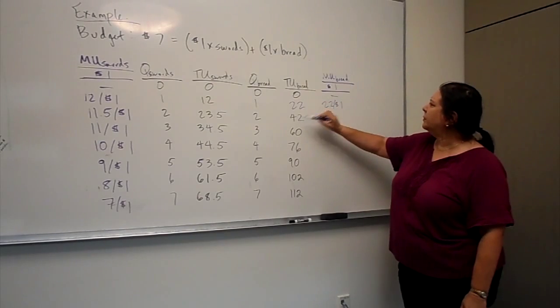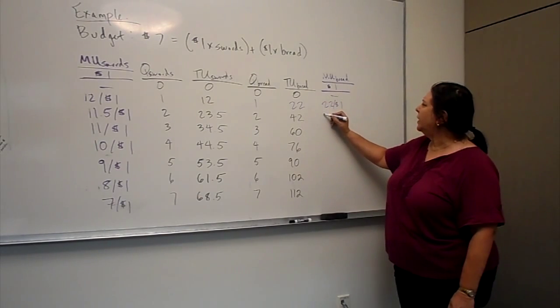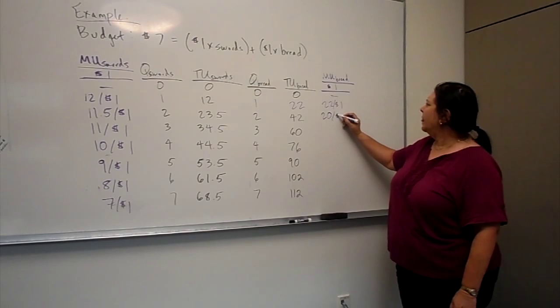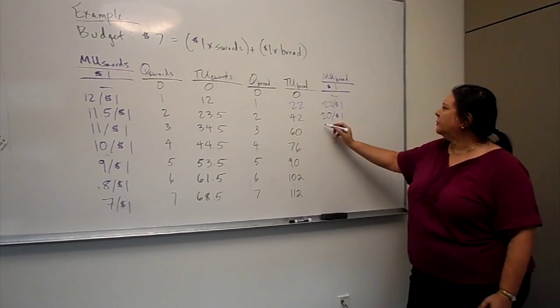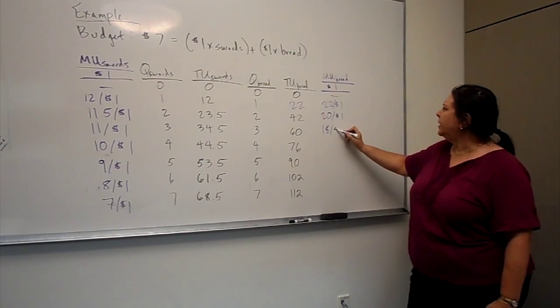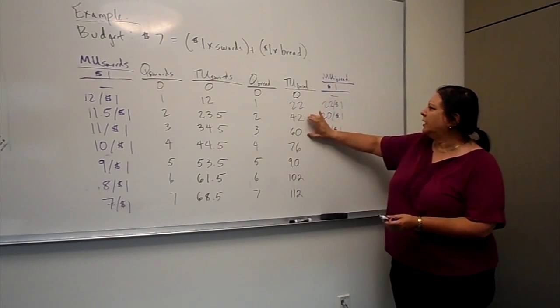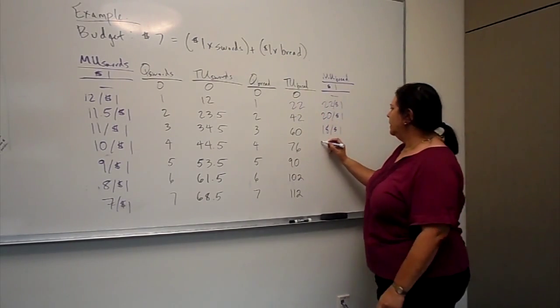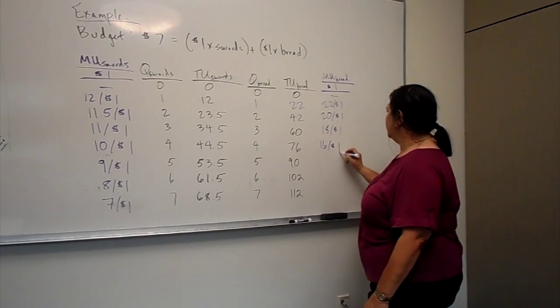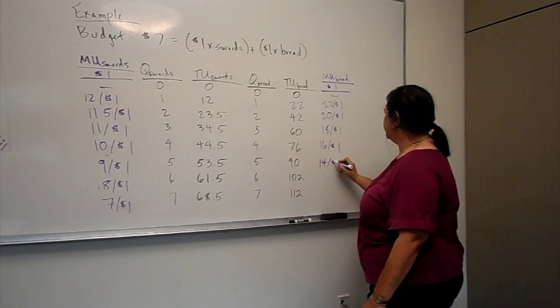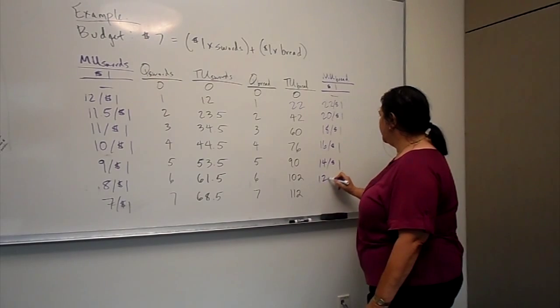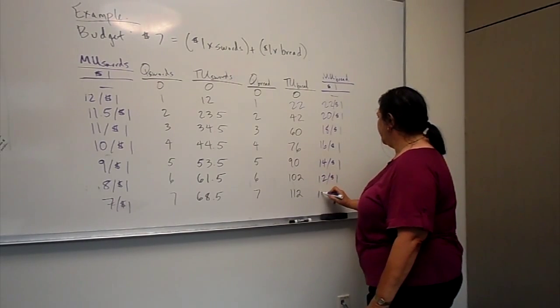The next one brings me extra utility of 20. The next one brings me extra utility of 18, and so on. So I keep looking at the differences here: 16, 14, 12, and 10.